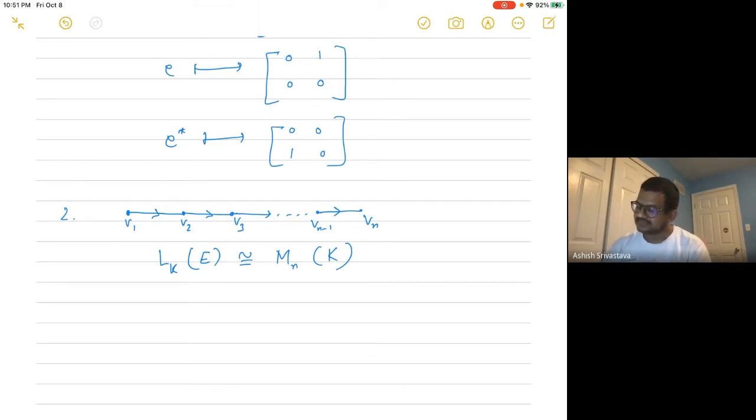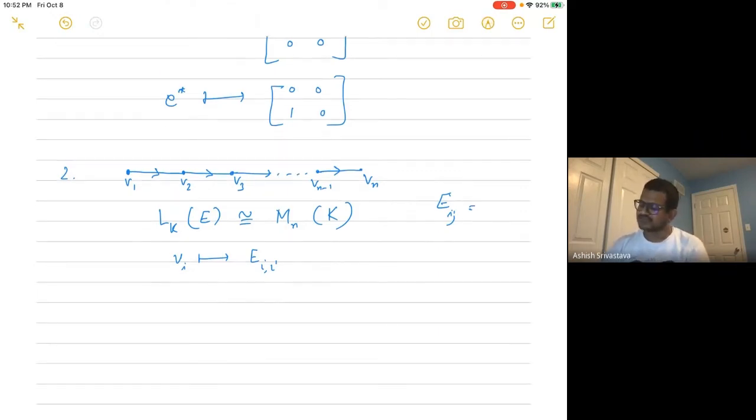Under this map, you can just map V sub i to the matrix units. So E_ij means I'm putting 1 at the ijth spot and 0 elsewhere, right?